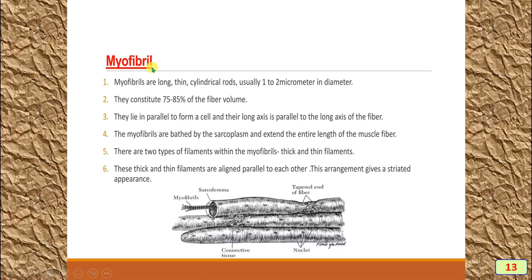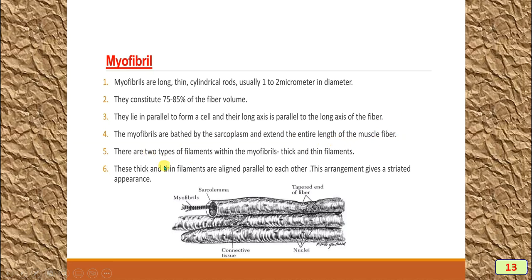Then myofibrils are long, thin cylindrical rods, usually 1 to 2 micrometers in diameter, and they constitute 75 to 85% of the muscle fiber volume. They lie in parallel, with their long axis parallel to the long axis of the fiber. The myofibrils are bathed by sarcoplasm and extend the entire length of the muscle fiber.